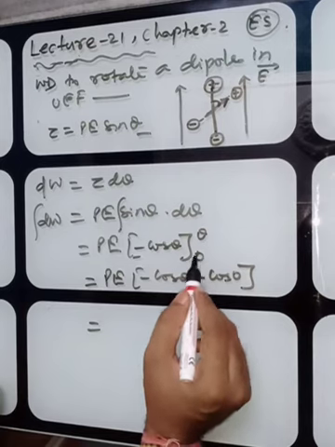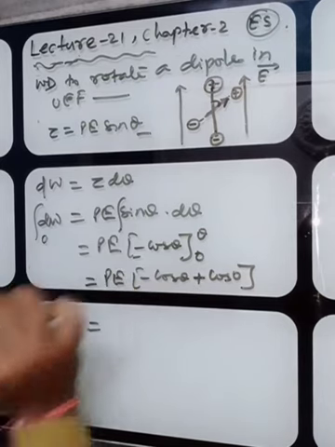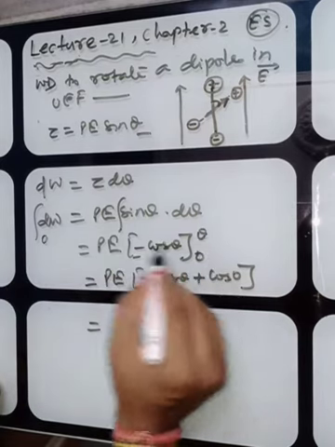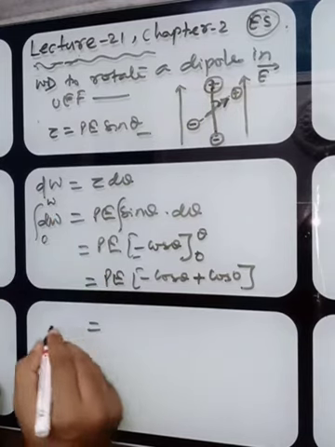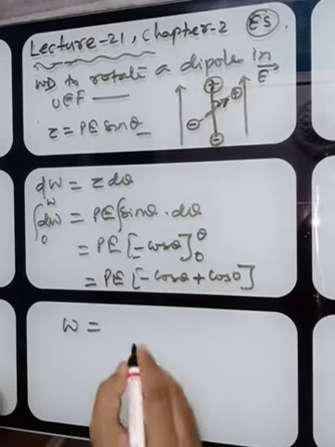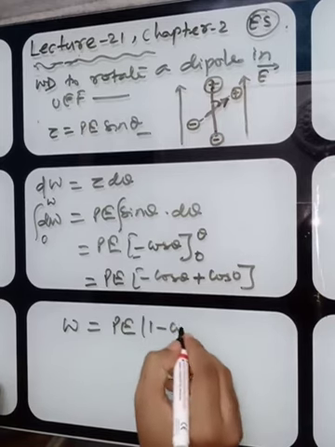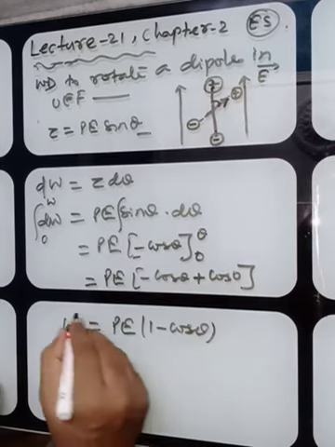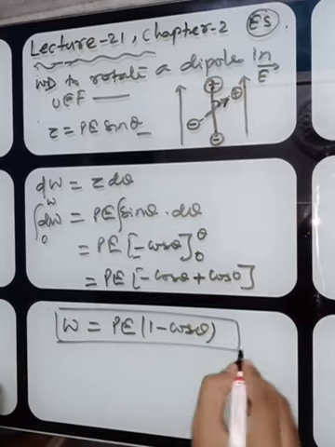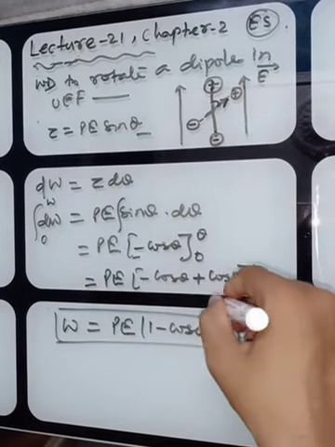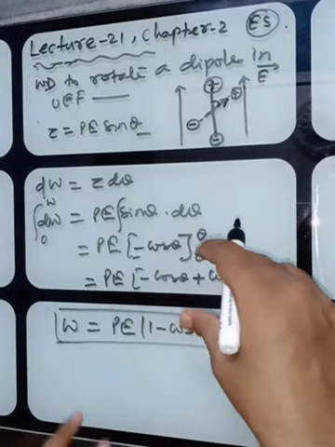When it was at 0 degree, you don't have to do work, so the work is 0. To rotate by theta, you have to do the work W, so W minus 0 is W, and it is pE times (1 minus cos theta). Remember, my dear student, this is the work done to rotate a dipole by an angle theta.